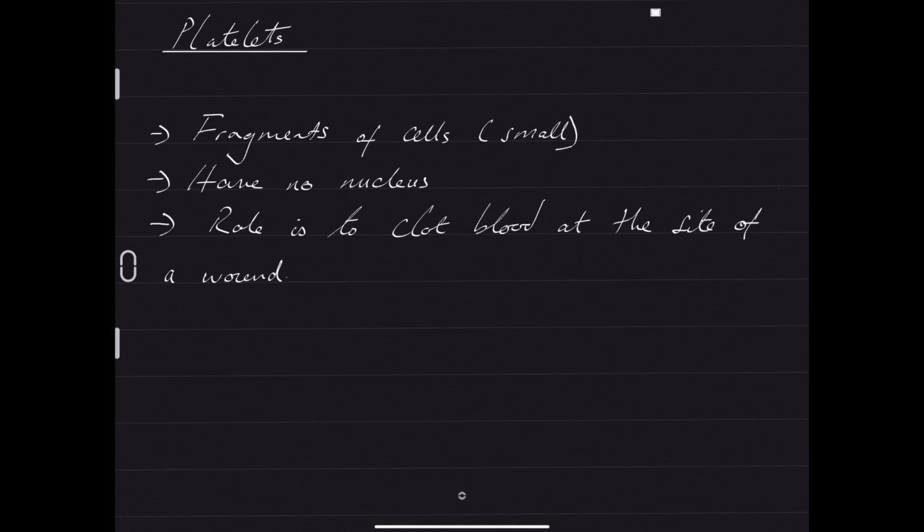And there are certain medical conditions where people have trouble with their blood not clotting properly, and this is because they do not have platelets in sufficient numbers, or there's a problem with the platelets, so they are not able to clot a wound successfully.